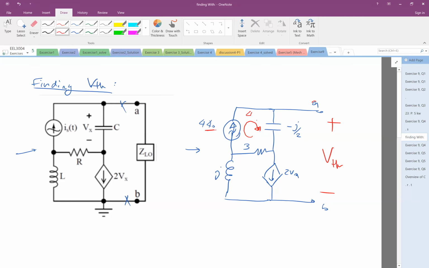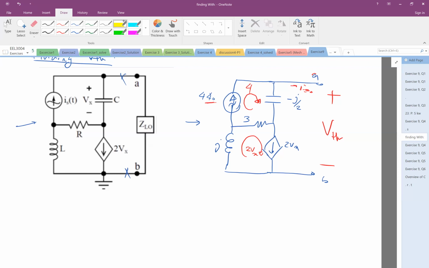So I put 4 here, and on this I can also put 2Vx. And remember, the current here is 0, right? So the 4 is going to go through. This current is 0 because this is open. So we have 4 here and 2Vx there.